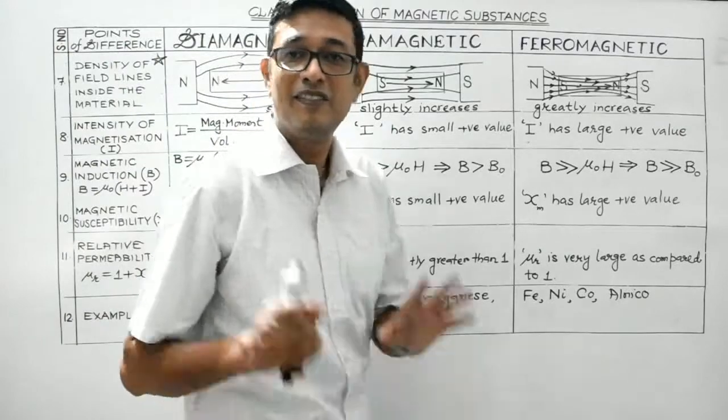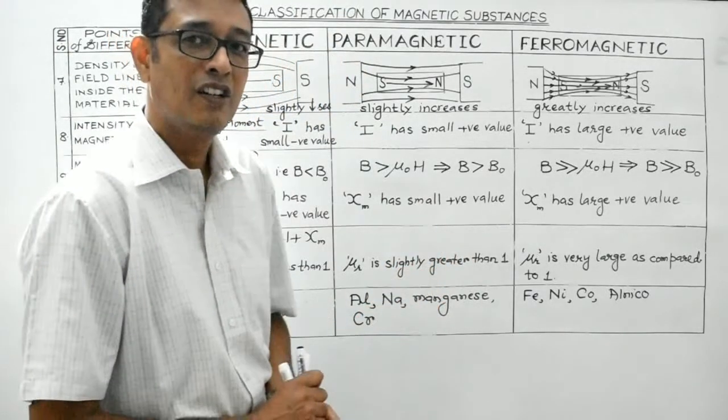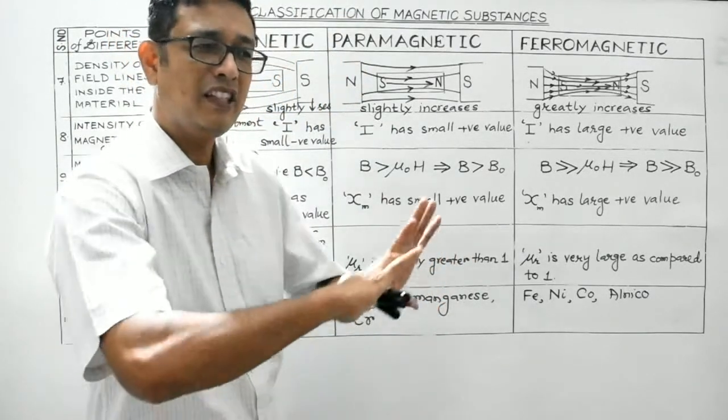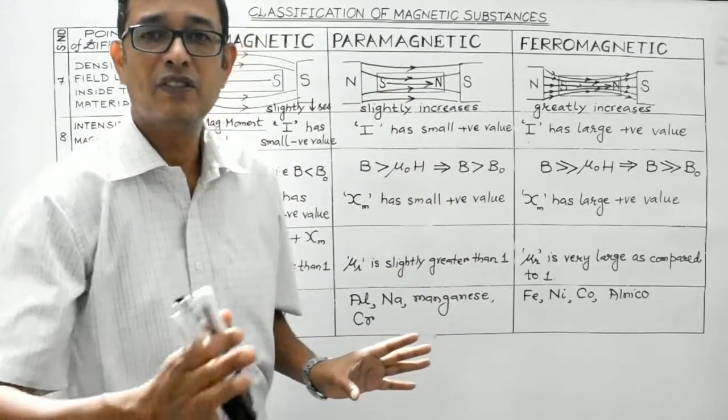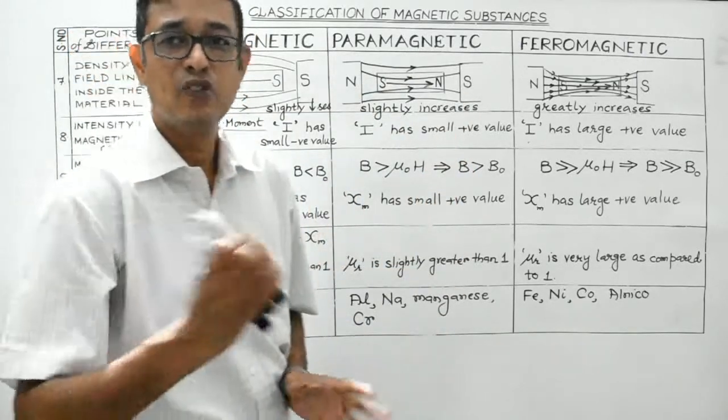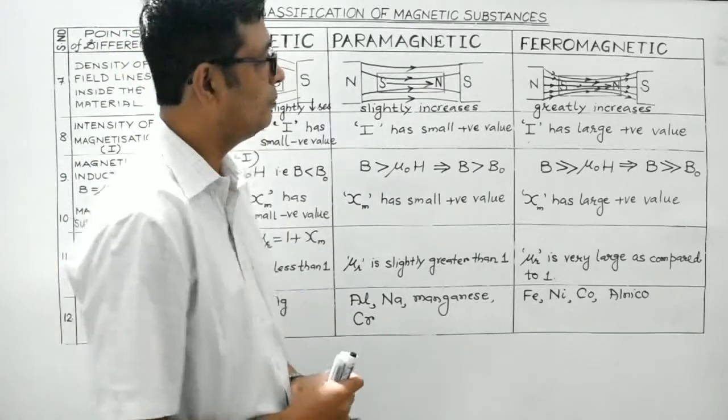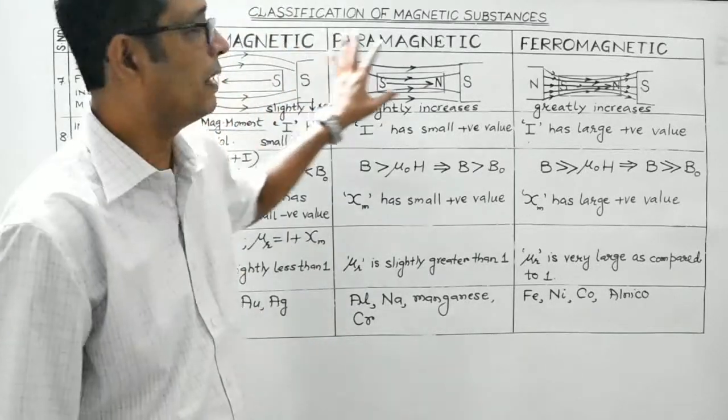So I hope you have enjoyed this session. Actually, we have summarized every topic whichever we have studied during the last few lectures, isn't it? So these are the basic points of difference between dia, para and ferro.